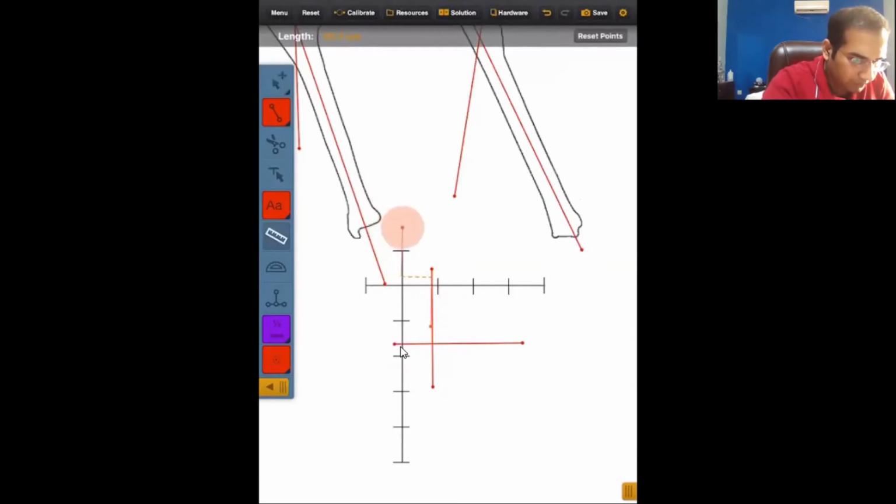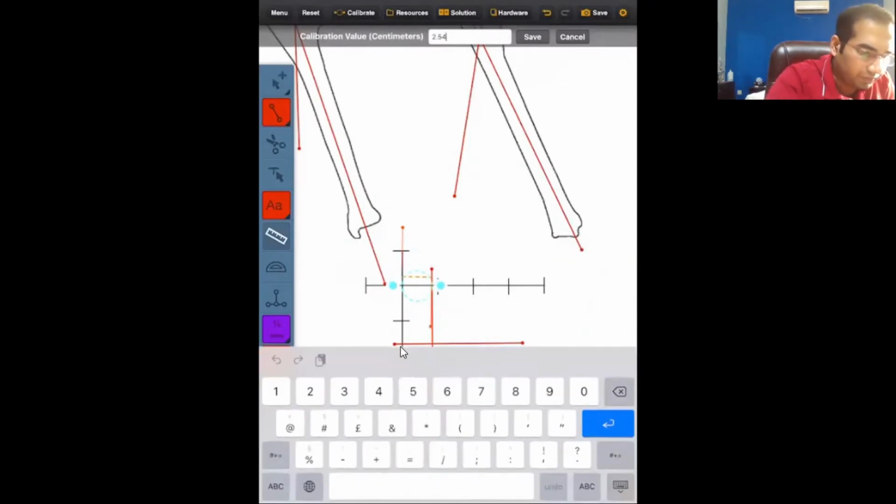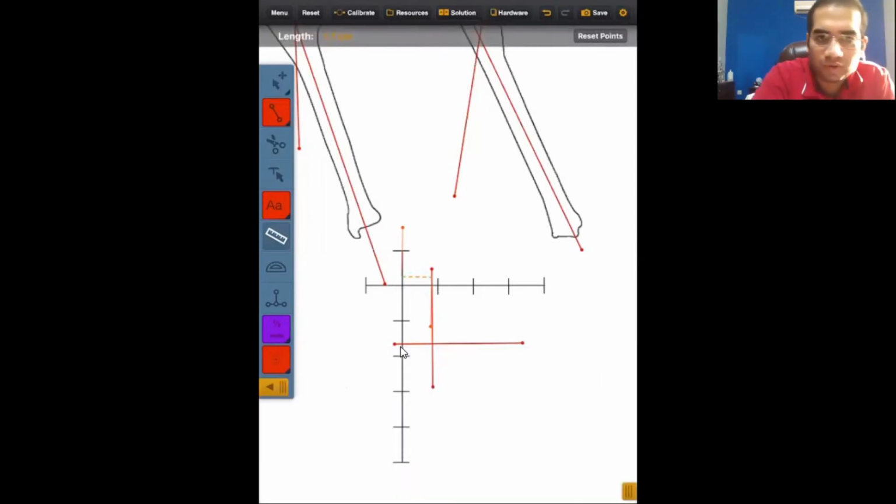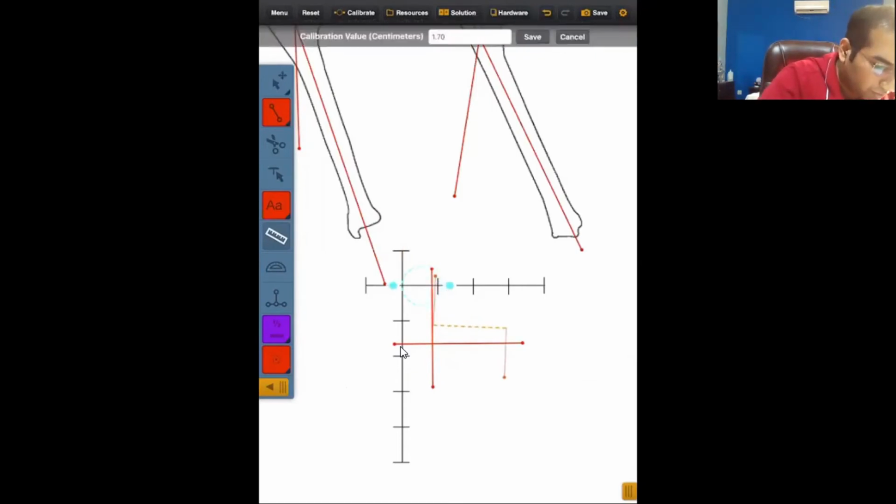Let us calibrate this. So for one case, let us do the exact planning. This is 17. So now I've told my software what my reference size is.